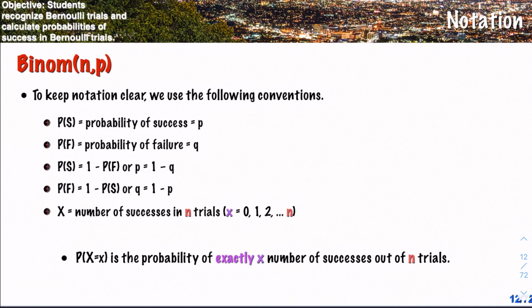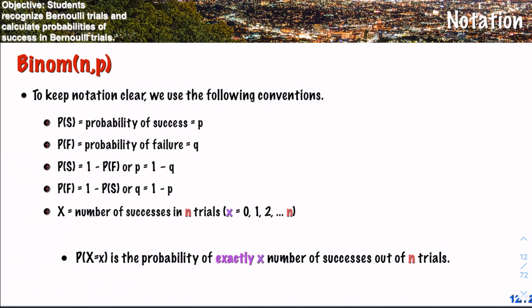So with a binomial model, to keep the notation clear, we use the following conventions. For the probability of getting a success, instead of writing P of S every time, we just write lowercase p. Lowercase p means probability of success. The probability of a failure, or the complement to success, we call q. P and q.